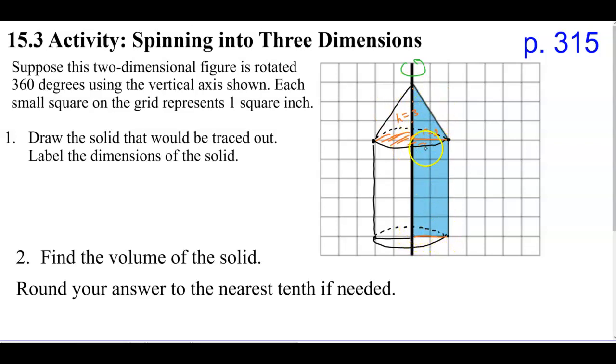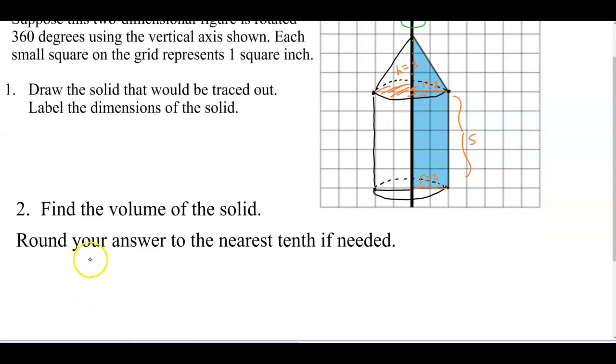And then on the bottom, the second solid still has a radius of 2, and its height is 1, 2, 3, 4, 5 units long. All right, so we have all the dimensions. Find the volume. So I'm going to draw a little picture here that'll help me out, I think.